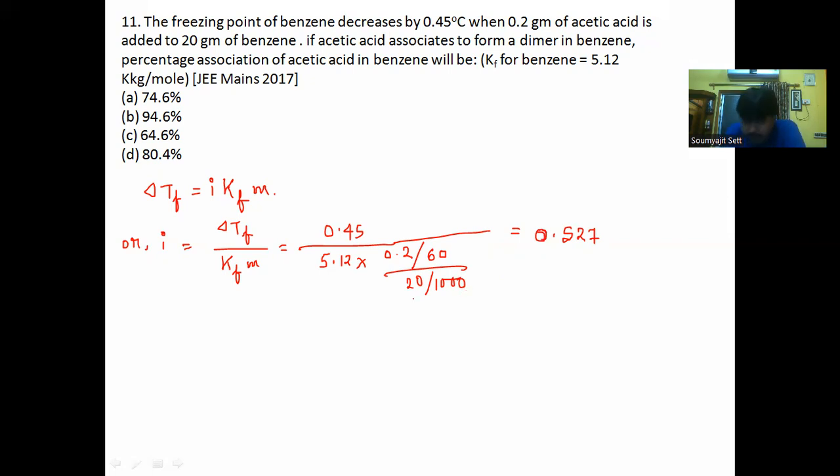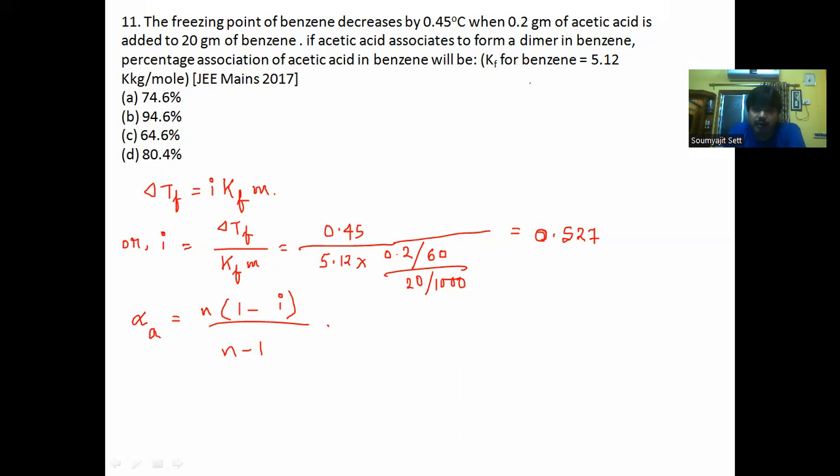Now, what is the formula we know? We know the formula alpha A is equal to n into (1 minus i) divided by (n minus 1). Now, what is n? n is the number of molecules associating.